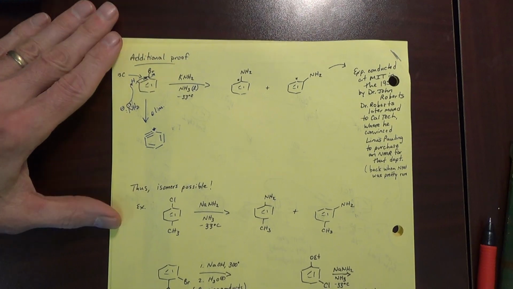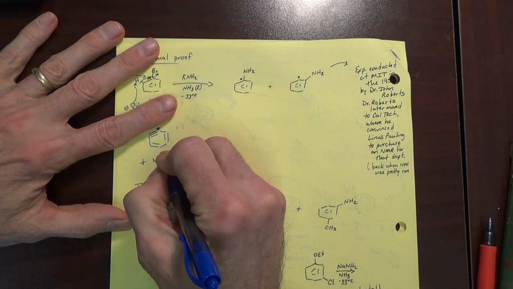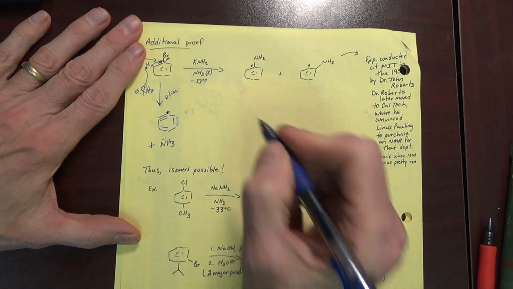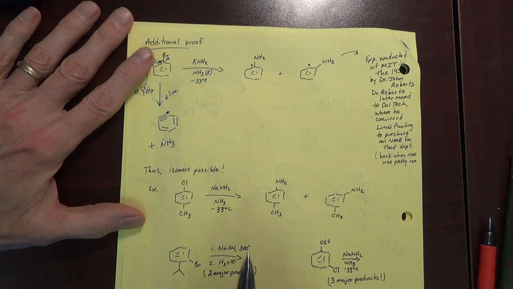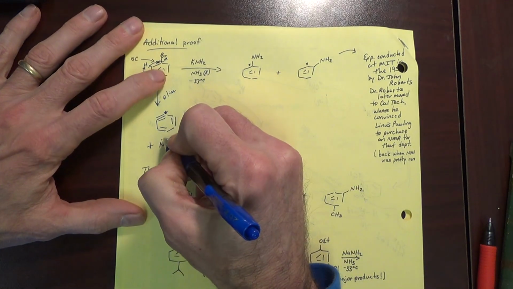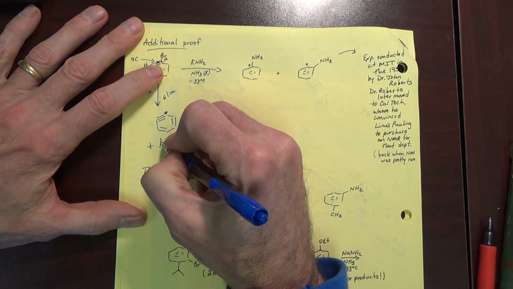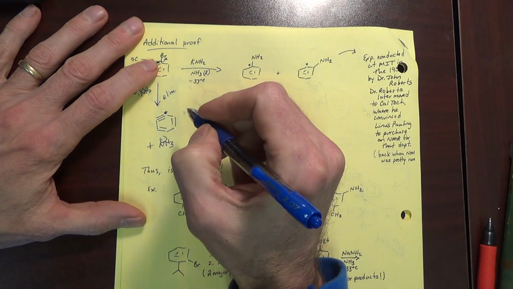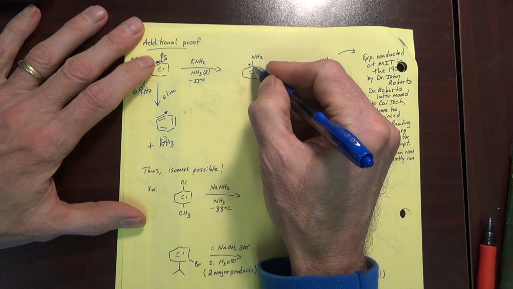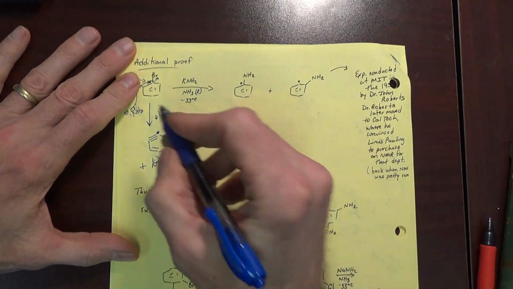At this point, plus ammonia. Now ammonia acts as the nucleophile, but it can add to either carbon of the benzyne, and that's what it did. All right. If it added to the labeled carbon, we would get that product. I'm not going to do that. How do we get the other product?